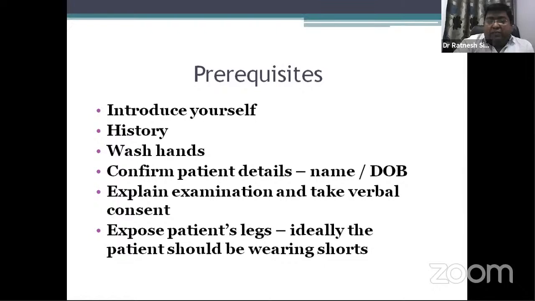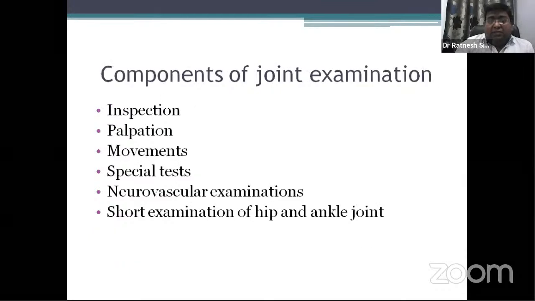Ideally, you should expose the patient's leg. Patient should be wearing shorts. Components of joint examination are inspection, palpation, movements, special tests, neurovascular examination, and short examination of the joints above and below, that is hip and ankle joint.